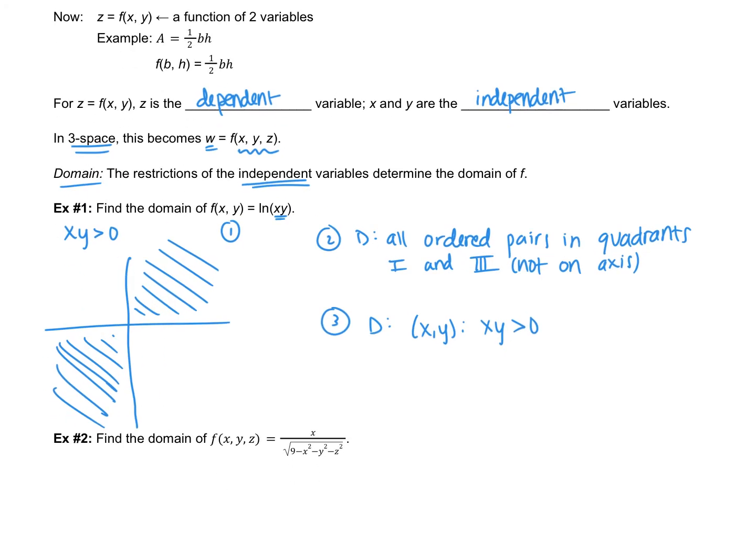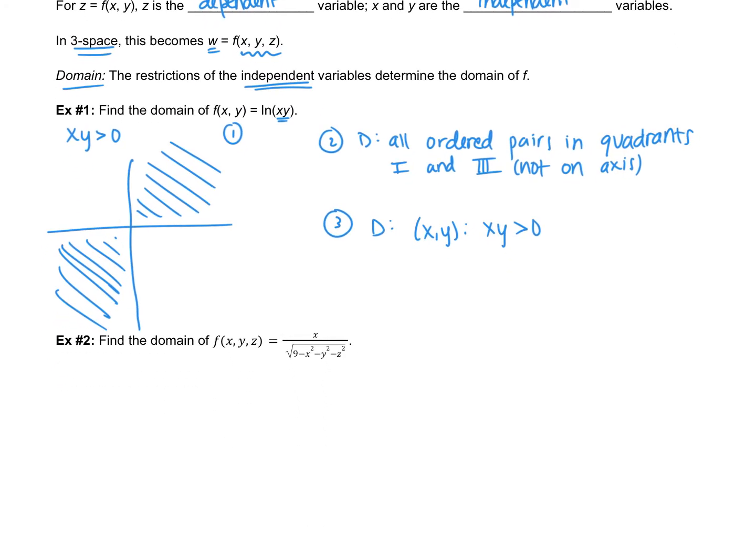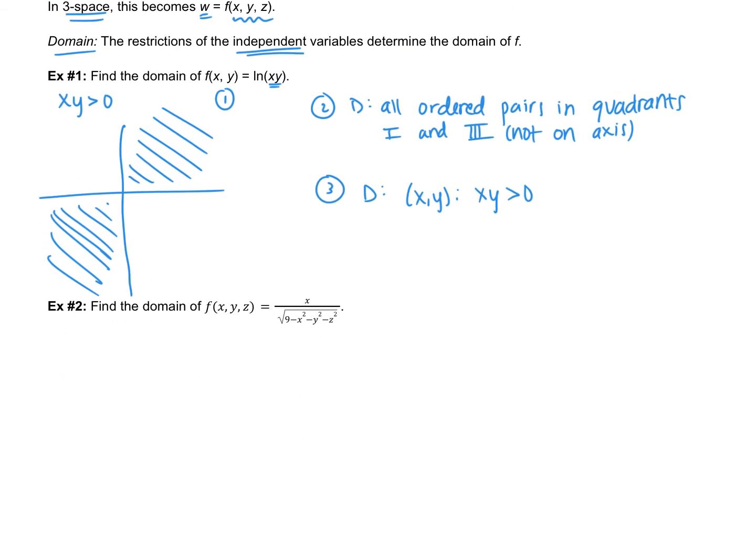Okay, so then our second example, we're finding domain again, except this is a function of 3 variables. We have a fraction, and the x in the numerator we don't care about, that doesn't affect the domain. But in the denominator, we know 2 things. We know that the quantity underneath the square root has to be greater than 0. It can't be 0 because then we would end up with 0 in the denominator.